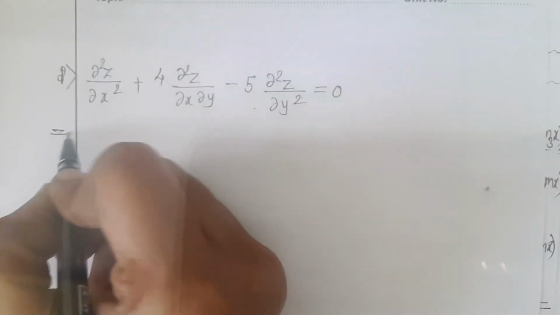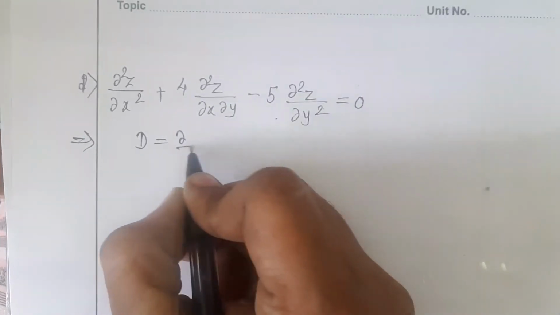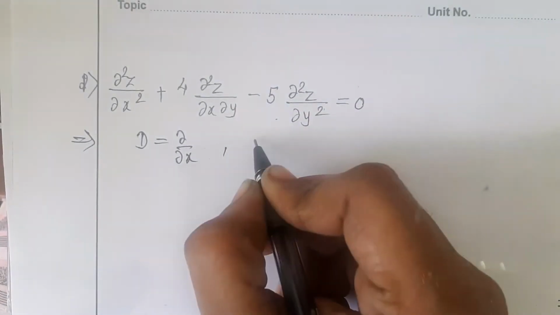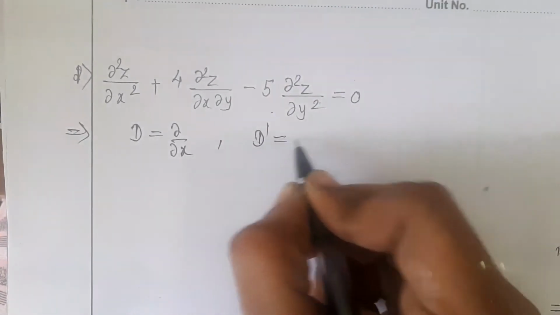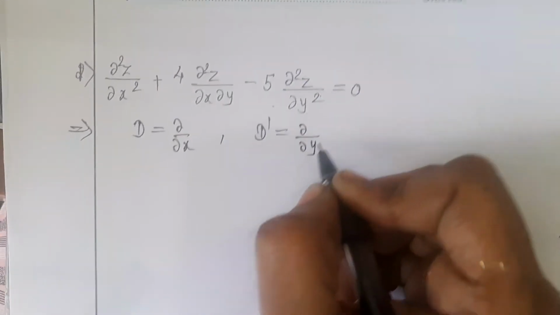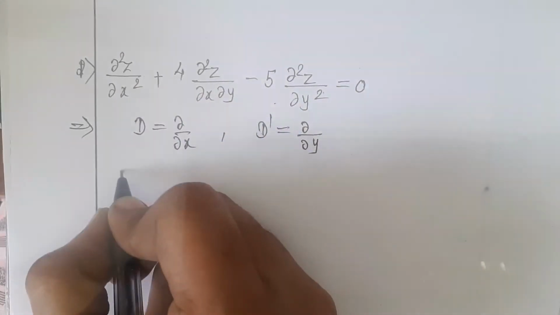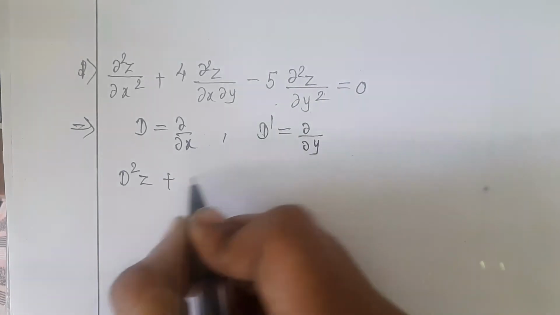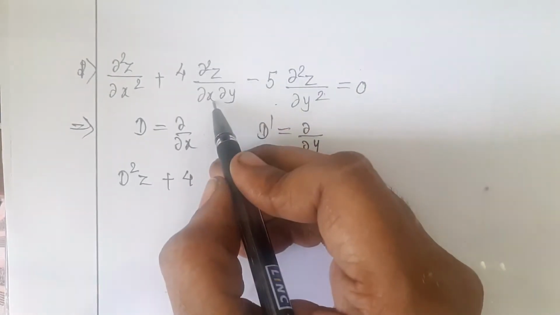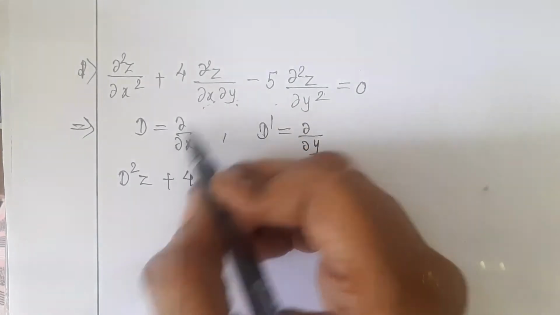So what is our first step? The first step is to denote del by del x as d and del by del y as d dash, converting the equation into the form of d and d dash. Now substitute in this equation. This is d square z, since the double order is 2, plus 4 into, here the order of x is 1 and y is 1, observe only the denominator order and write accordingly.